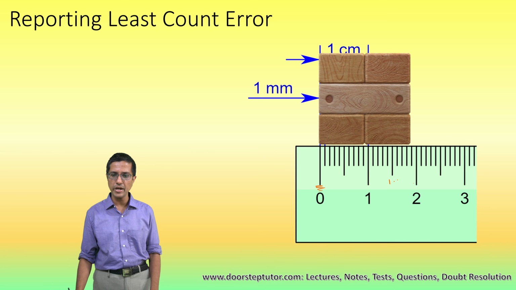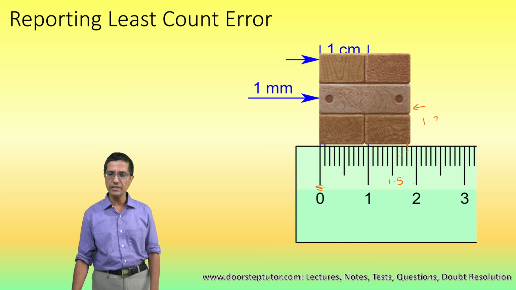So this is 1.5. Okay, this is 5, and then 6, 7, 8. Okay, so I can read till 8. 1, 2, 3, 4, 5, 6, 7, 8. So till 8 I can read. So the reading is just over 1.8.